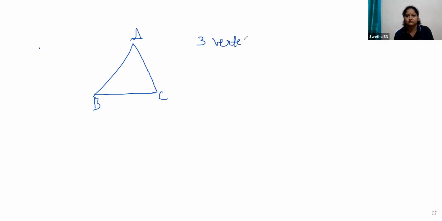So now, triangle is a plane figure, right? So what are the elements of a triangle? There are three vertices. Which are the three vertices? A, B, C. And there are three sides.